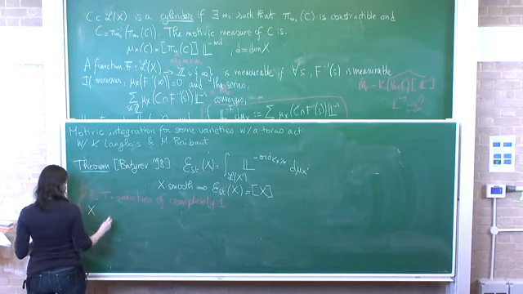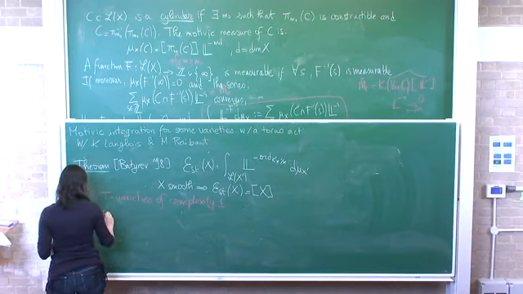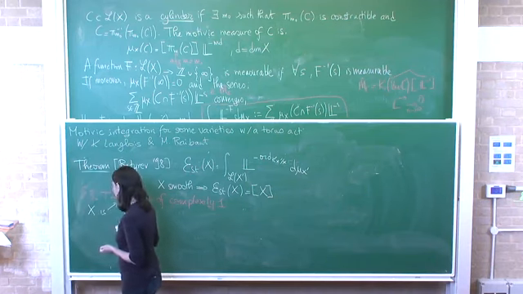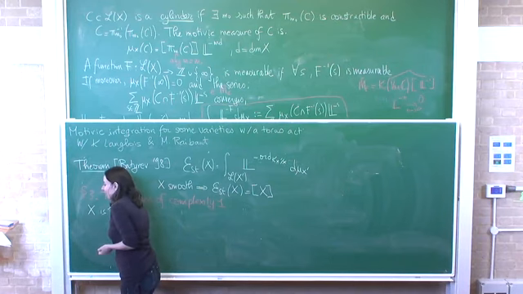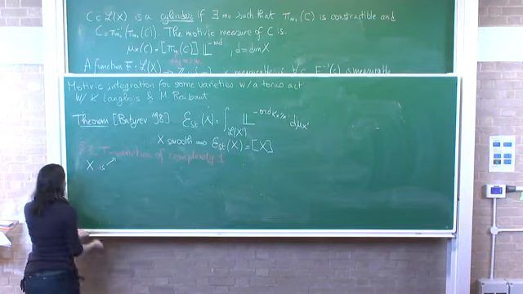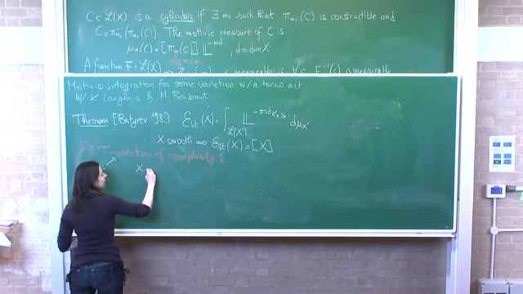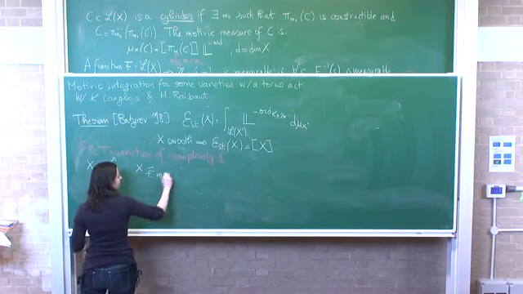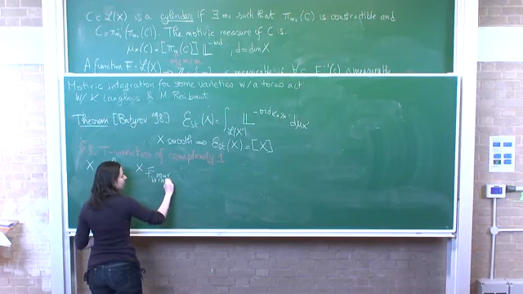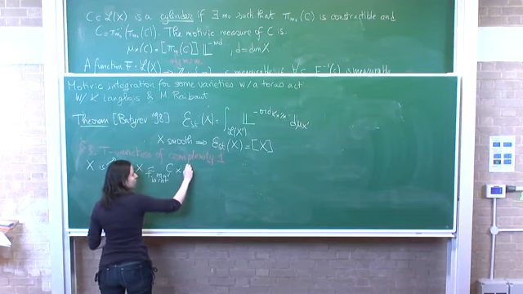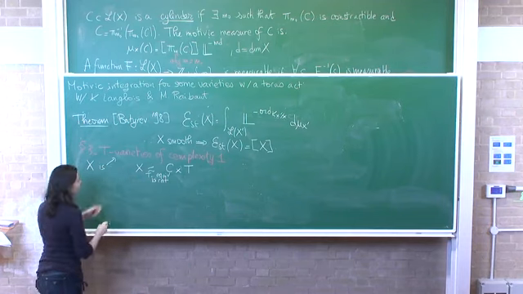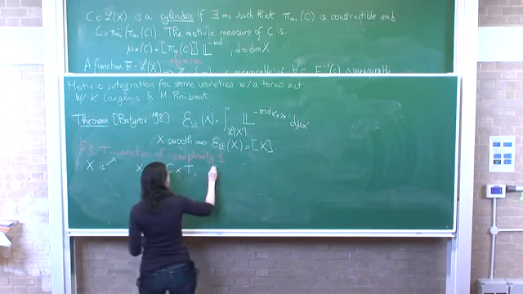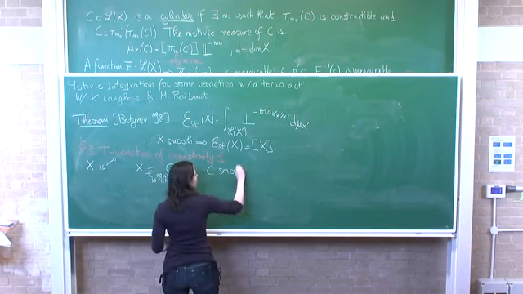So if X is a T variety of complexity 1, then what's really nice is that X is T equivariantly birationally equivalent to a product of C times the torus, where C is just a curve. So C is a smooth projective curve.